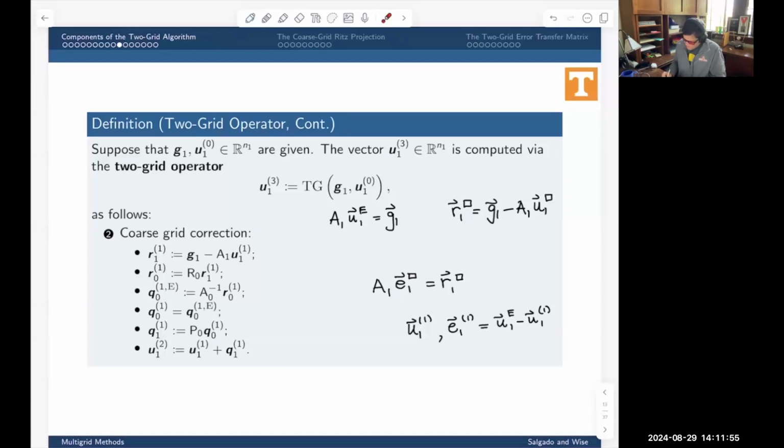So if at this stage I was able to compute the error for the residual we just computed up here, if I can solve this equation, that's tantamount to knowing the true solution.